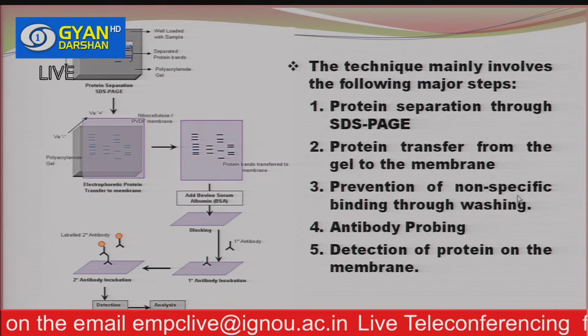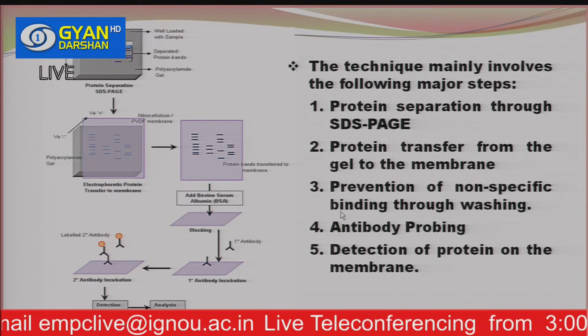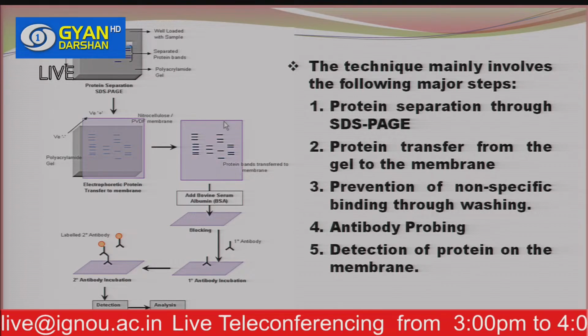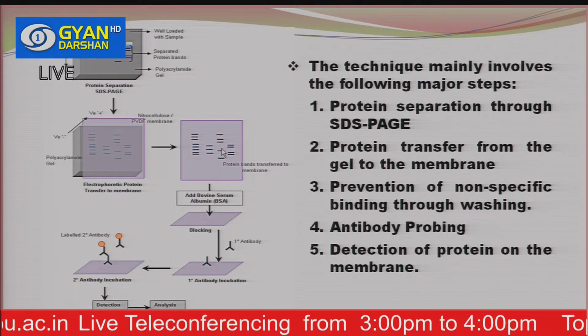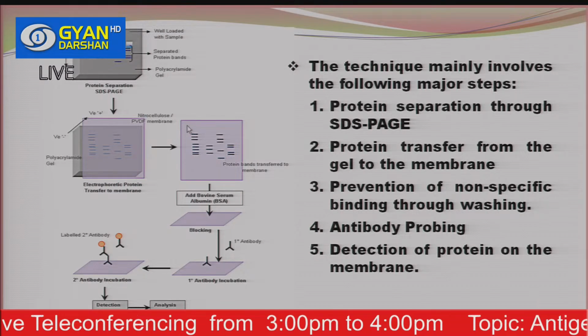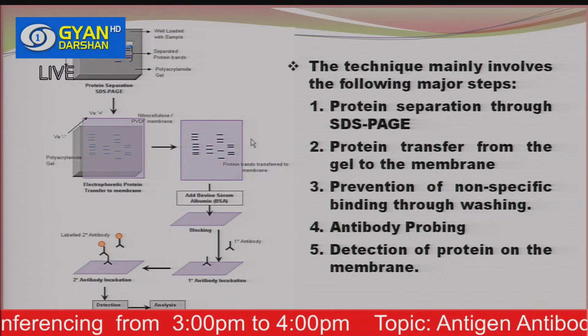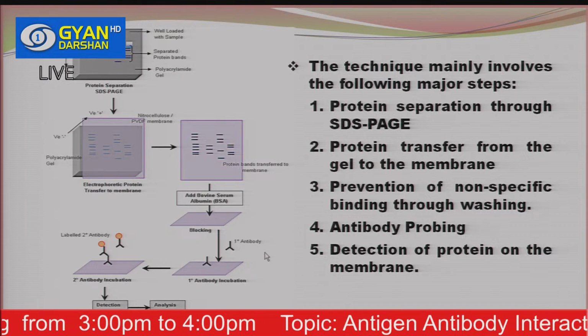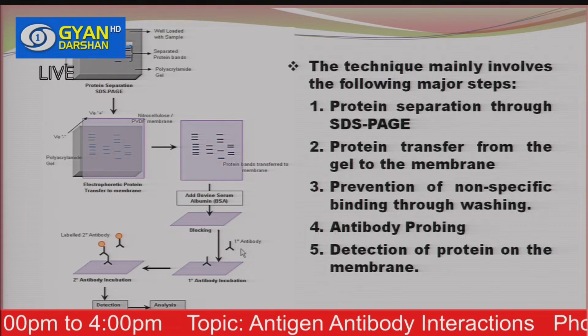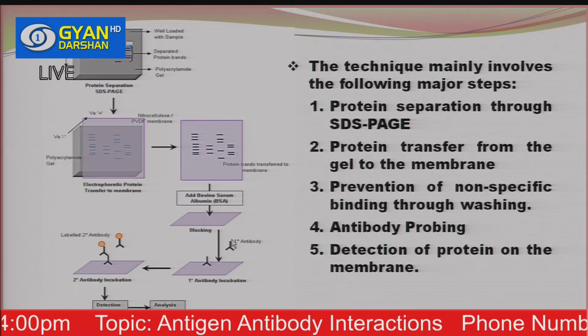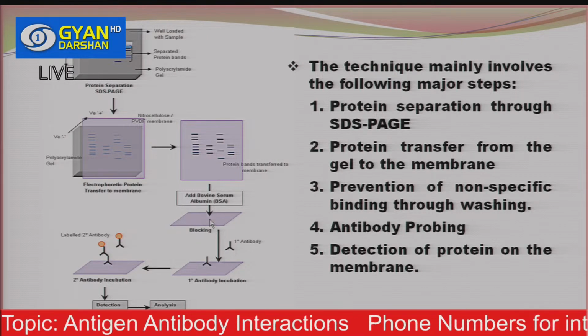The prevention of non-specific binding through washing. We can wash it in the particular buffers, and ultimately the unbound proteins we can remove. Then we utilize antibodies, known as antibody probing.